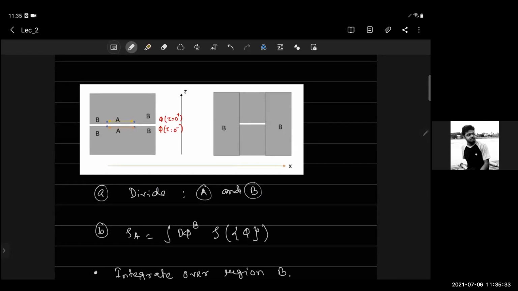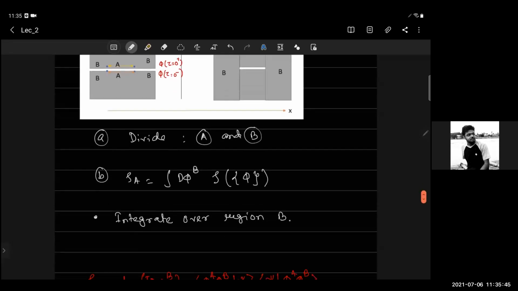That's the definition of the reduced density matrix. You trace out or integrate out the degrees of freedom present in the other subsystem. Therefore, the reduced density matrix rho A is obtained by integrating over the fields in the B region.